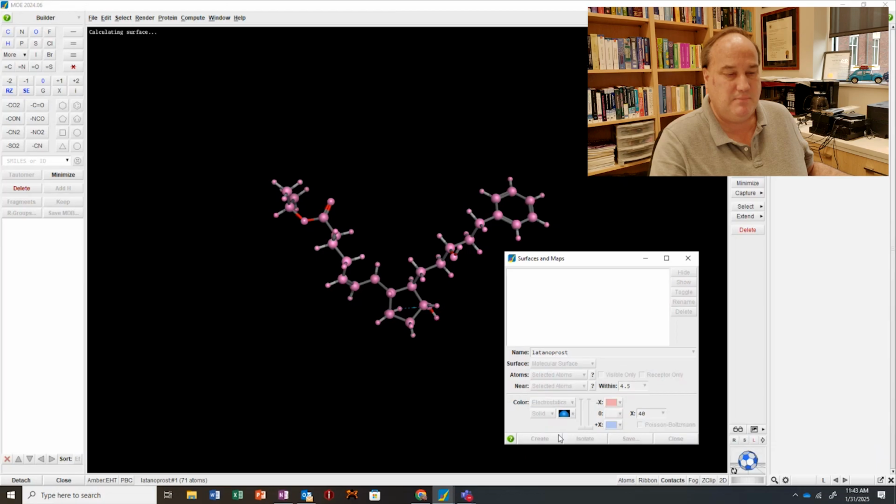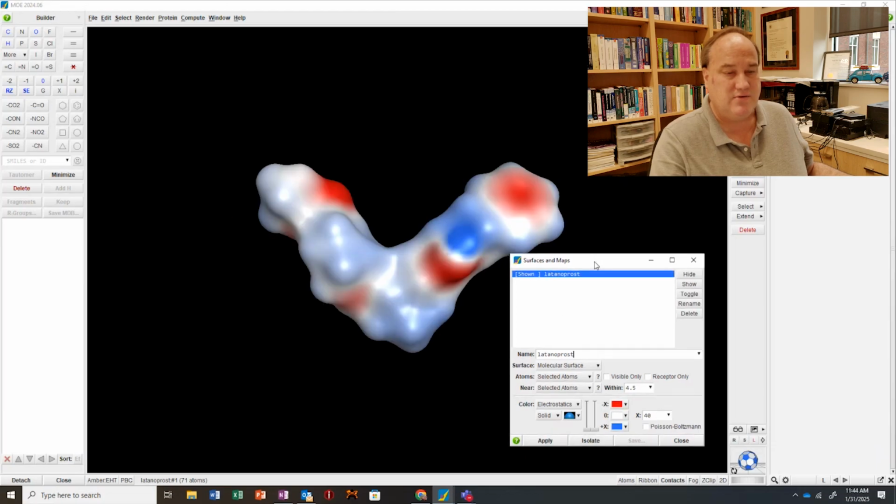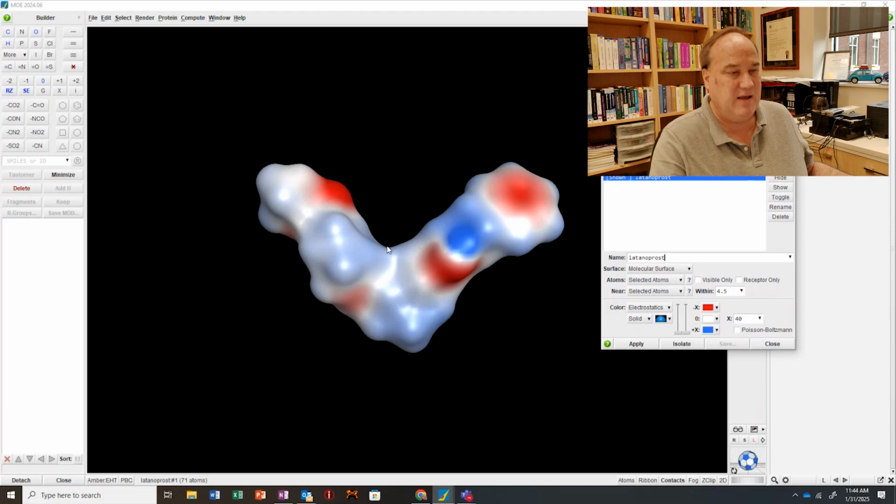So let's make a map. And here's my electrostatic map. Now, this has a lot of white, which is non-polar regions. That's important, because if this drug needs to be absorbed in the body, it probably needs to be more lipophilic.